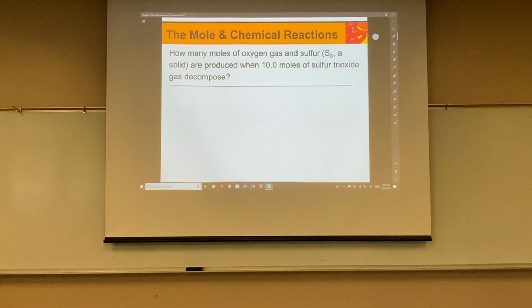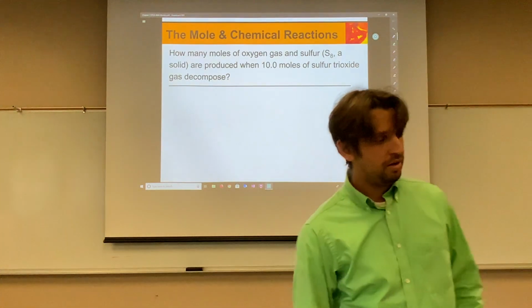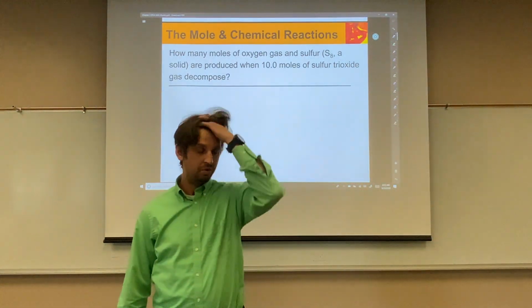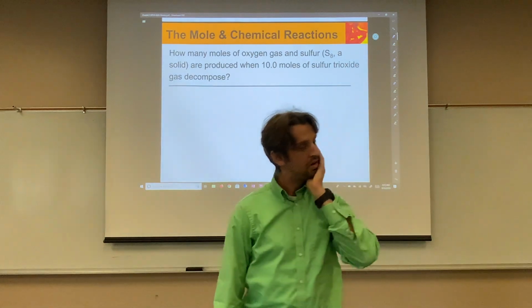Oh, so 1 mole would be balanced. So 1 mole of SO3 would be balanced out with this. That's the first thing you've got to do. First you write the equation, then balance it, and then use the 10, or whatever I gave you guys. So if it had 2 moles balanced, then it would actually be 20 there. No, not necessarily, right?